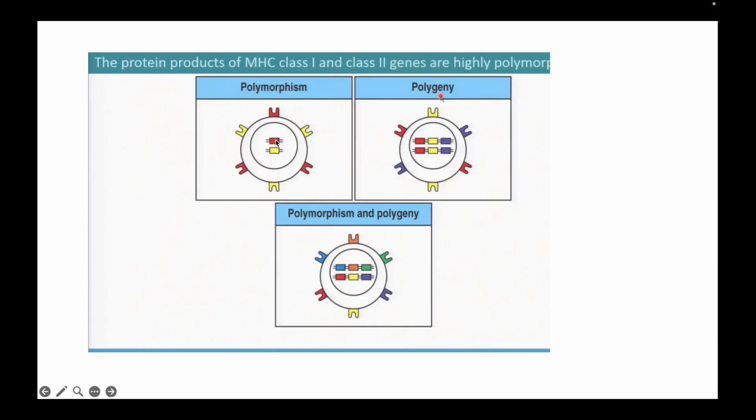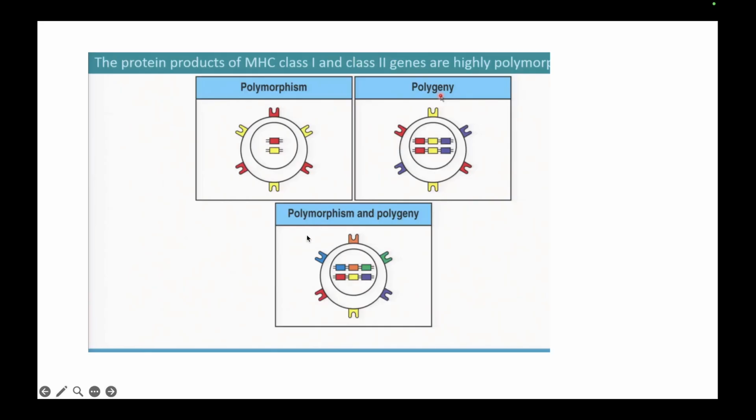For expressing this MHC class 1, there is not only one gene, there is more than one gene expressing. So this is polymorphism, more than one variety, and there is polygeny, there are three copies you can see, and all of them are being expressed.